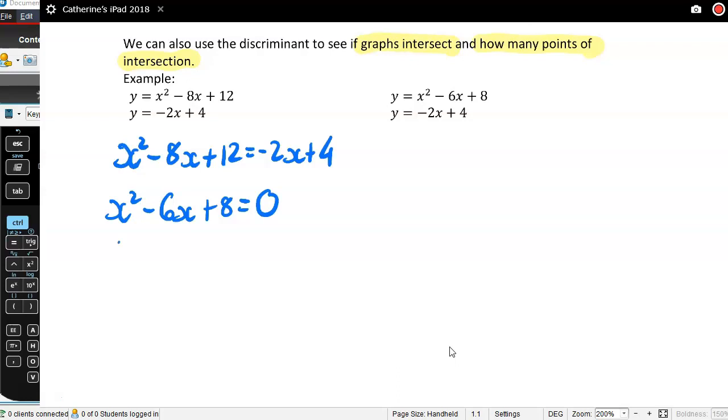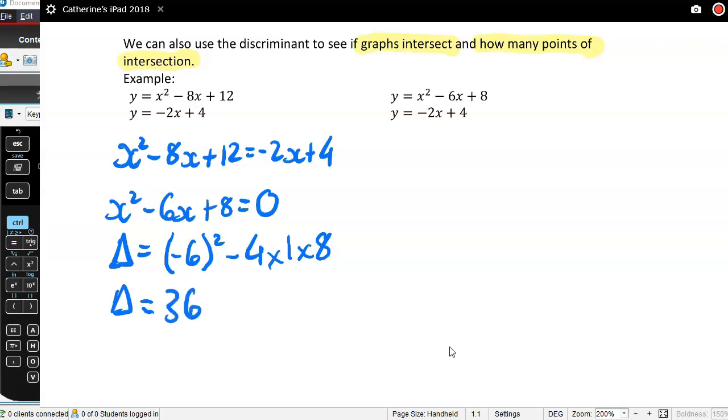Okay, so that discriminant is equal to negative 6 squared, take 4 times by 1 times by 8, equals to 36. Take away 32. So that discriminant is equal to 4.